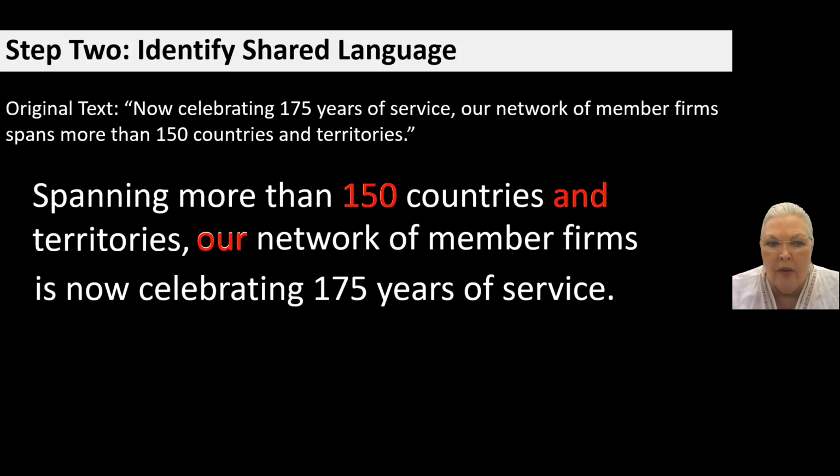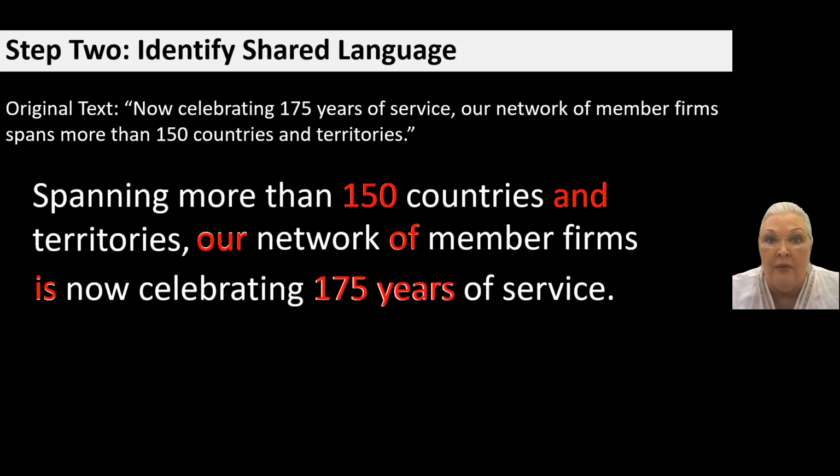We've got "our" here, so that would be common language. There would not be another way to express that if I were writing it from the Deloitte point of view. And then we've got a preposition of less than 5 letters, "of." I have had to use "is," that was not actually in the original text.